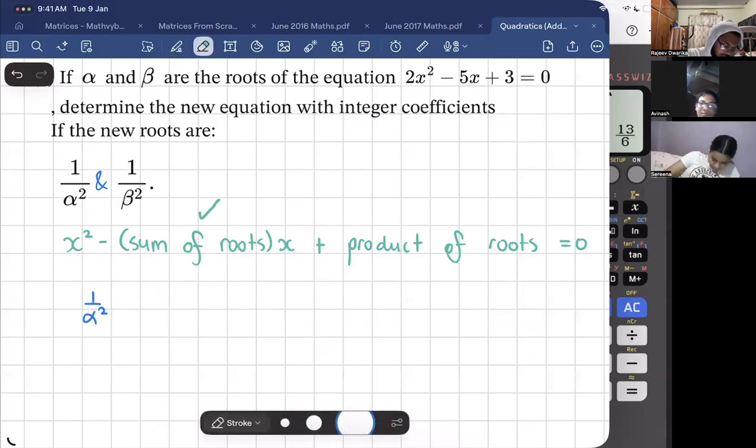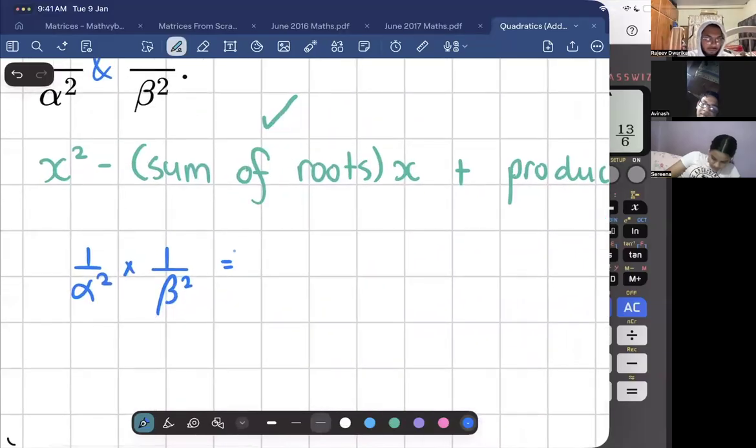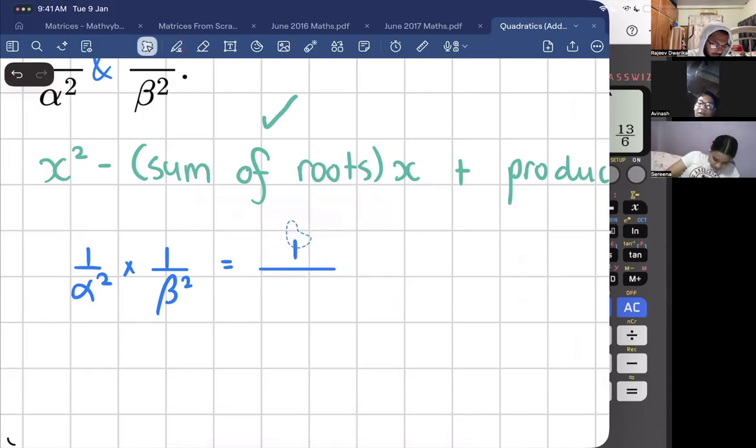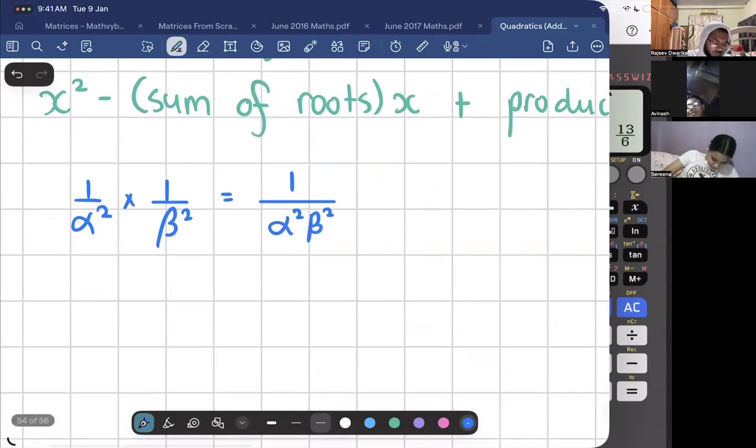Which is essentially just 1 over alpha squared times 1 over beta squared. What next, Avinash? 1 over 1, and what about the denominator? Alpha squared beta squared. Are both of them being squared? Yeah.